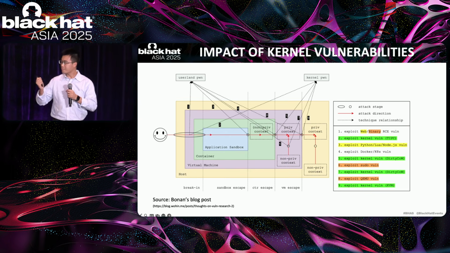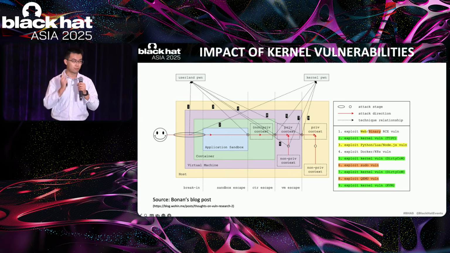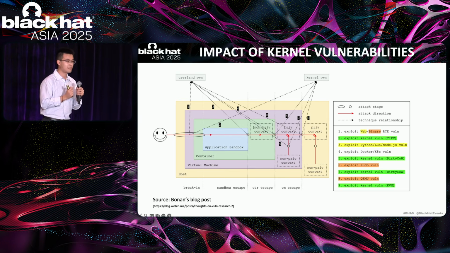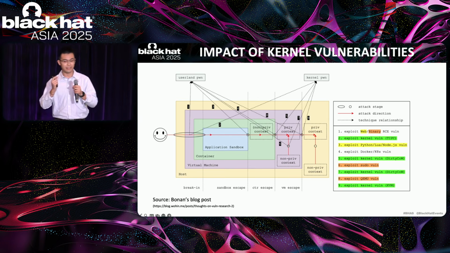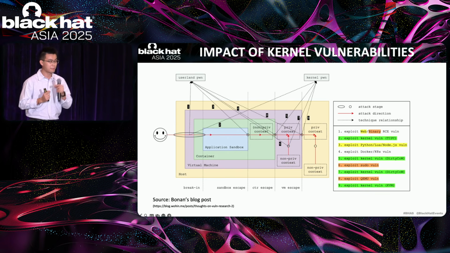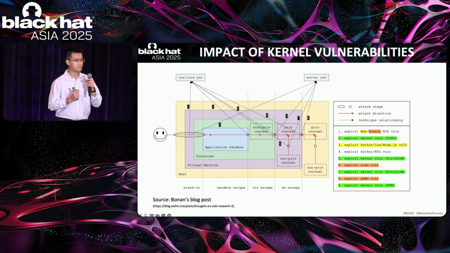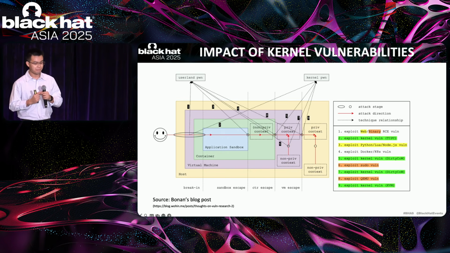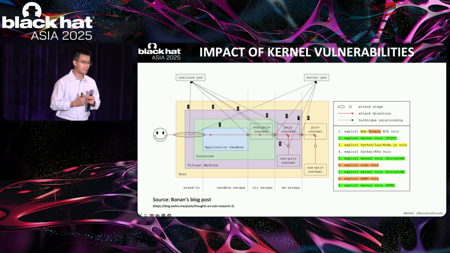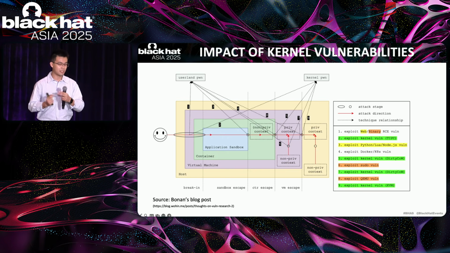Now within the virtual machine, there are two scenarios. The first one is that the attacker is root, and the second one is that he is not root. If he is not root, he can use a kernel vulnerability to escalate his privilege to root. And if he finally gets root in your virtual machine, he can exploit some vulnerabilities to get to the host.